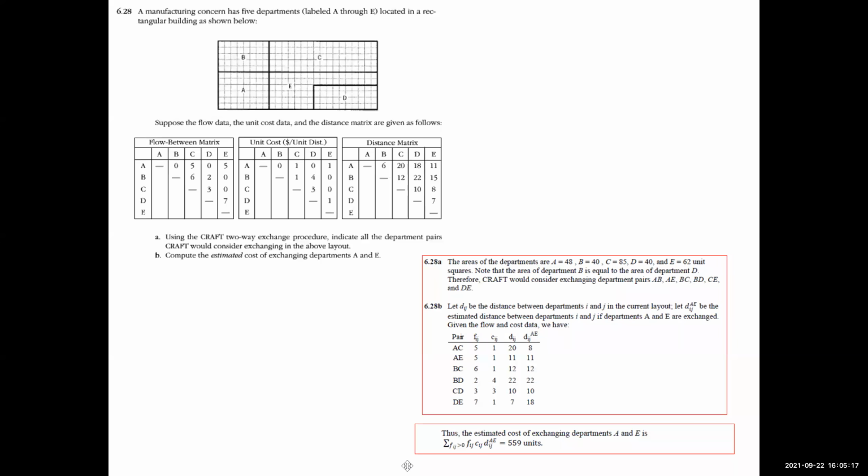So that's why in the answer, I have looked at the areas of the departments. And I'm finding the areas based on the squares that are part of each department. So I count the number of squares, the length, and the width of each department, and I compute the area. I have the area for A 48, for B 40, for C 85, for D 40, and for E 62.